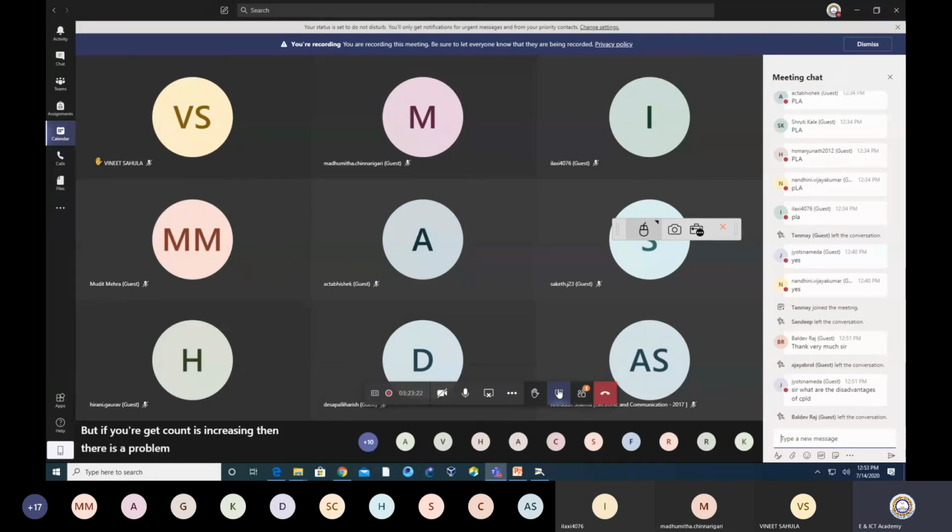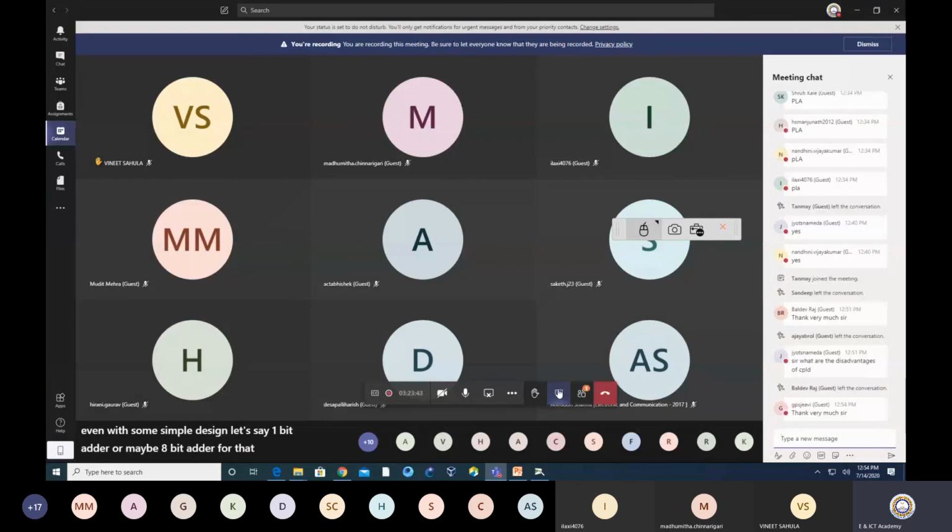As a designer, it is very difficult to identify the number of gates beforehand. When would you know the gate count? If I have a simple design, let's say a 1-bit adder or an 8-bit adder, there won't be any issue. That gate count is limited and you can implement it on a CPLD.